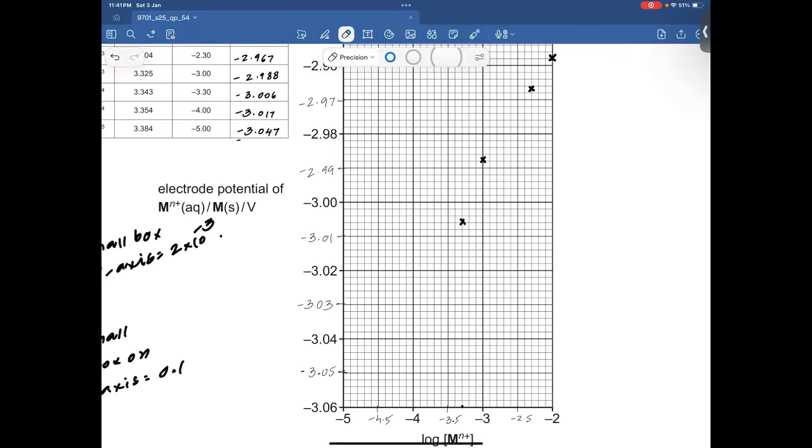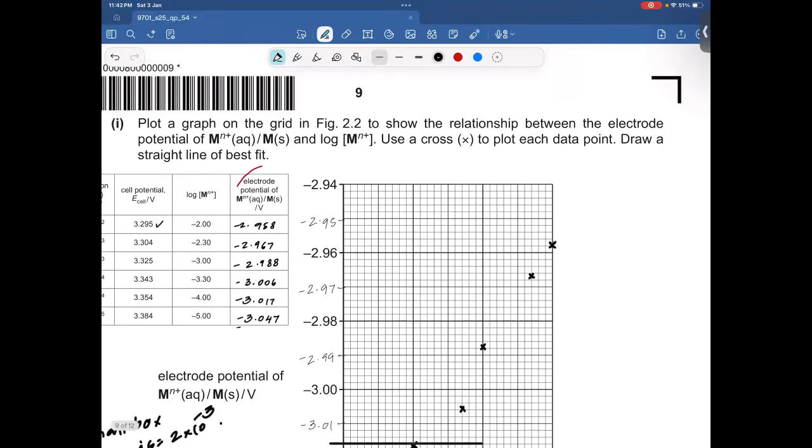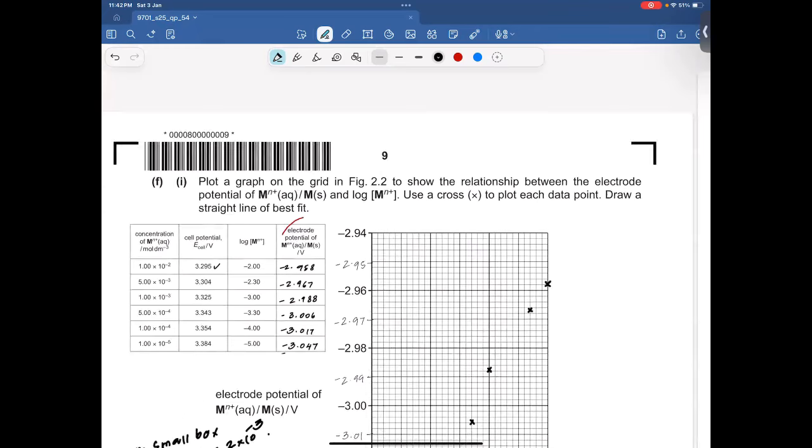Then at fourth, minus 3.017. 3.017. 2, 4, 6 and one more. This is going to be the seventh one. Okay. And then at 5, 3.047. 2, 4, 6 and 7. Okay. My goodness.